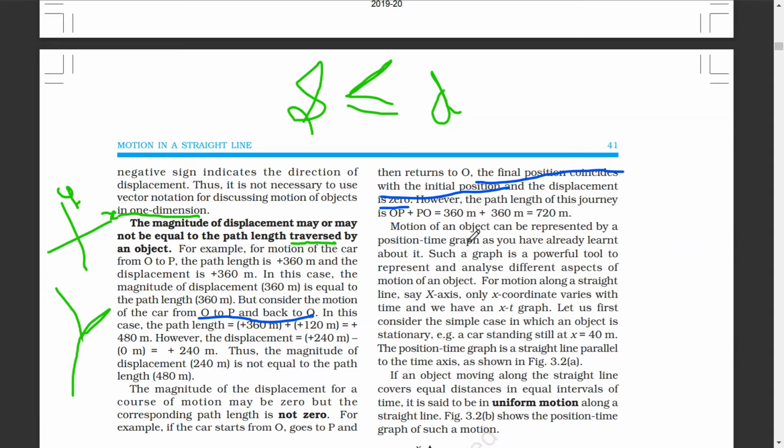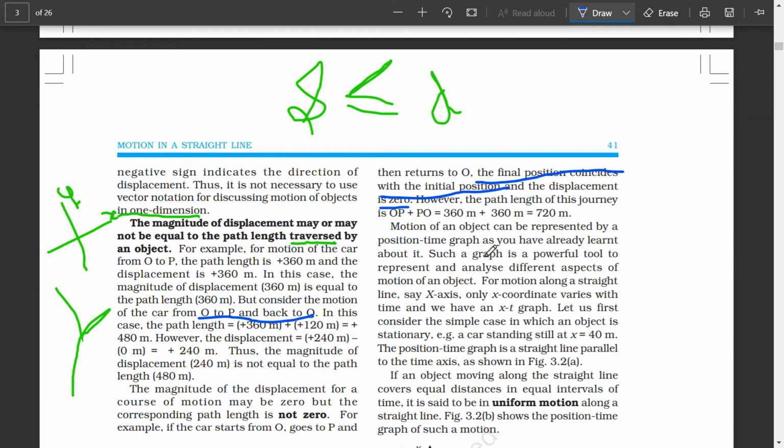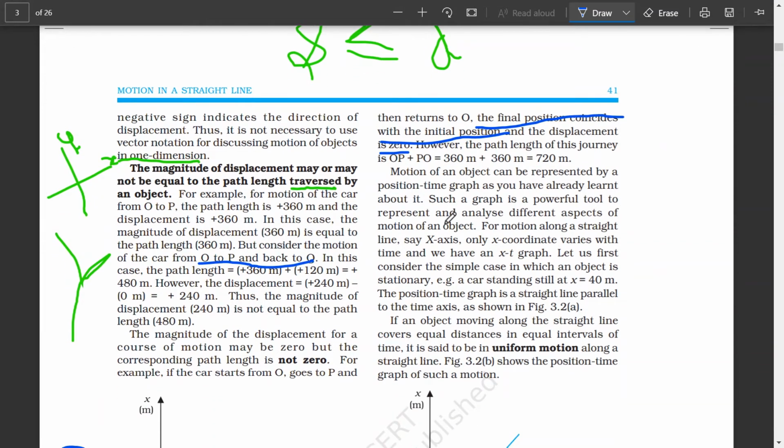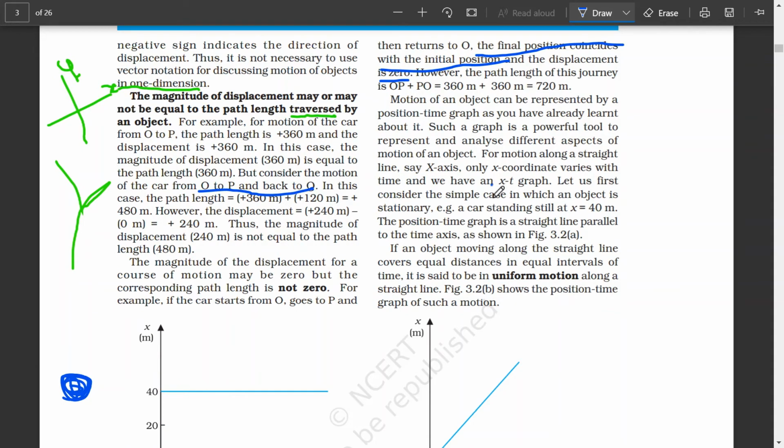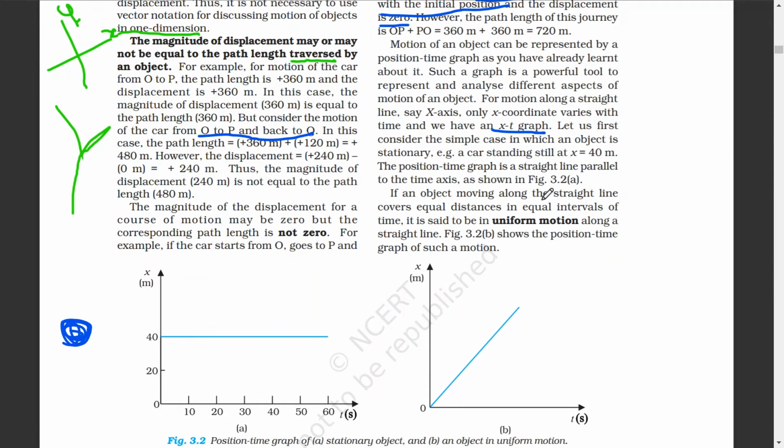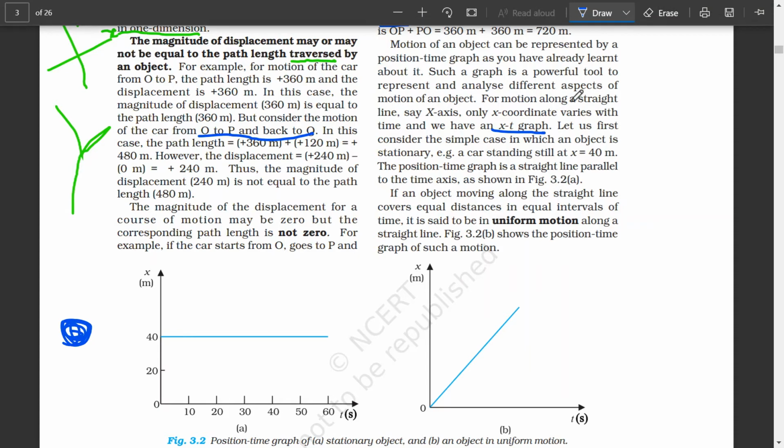Motion of an object can be represented by a position-time graph, as you have already learned about it. Such a graph is a powerful tool to represent and analyze different aspects of motion of an object. For motion along a straight line, say the x-axis, only the x coordinate varies with time, and we have the x-t graph. The x-t graph is also called the position-time graph. It represents how the position changes with respect to time.